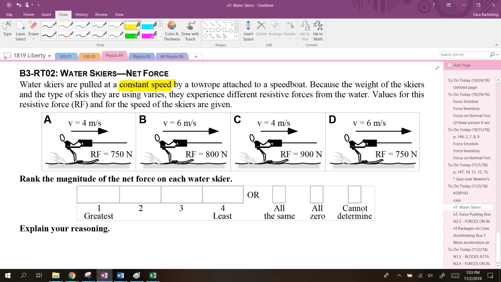The net force acting on, so we wrote down a equals F net over m. If you wanted to rearrange that, you could say F net equals a times m. What's the acceleration in A?